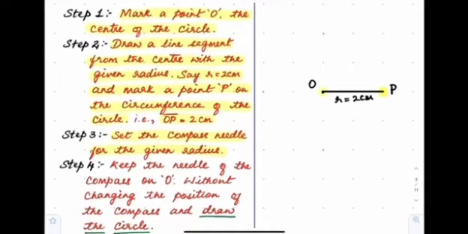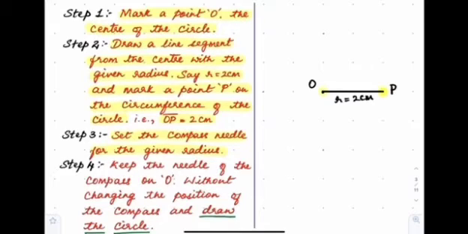Now children, when you do this, you have to keep the needle part of the compass on point O. Keep it stable, stretch it till P. So the distance is 2 centimeters. I hope you have all understood.